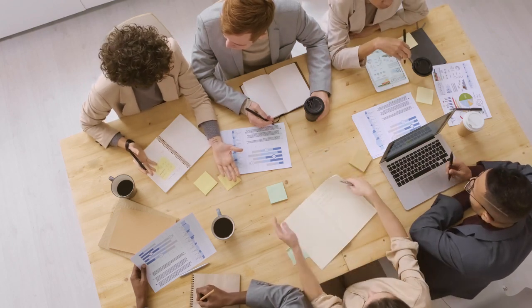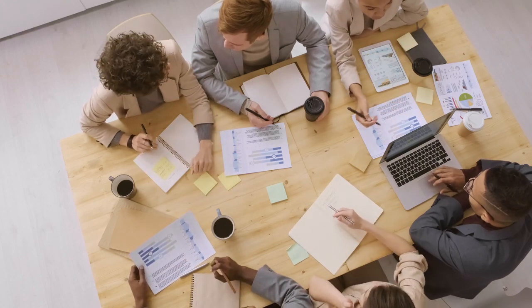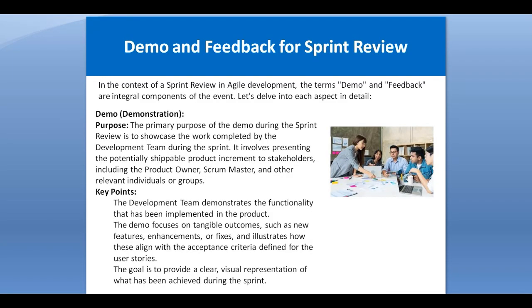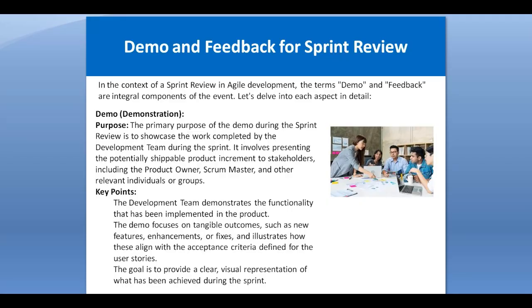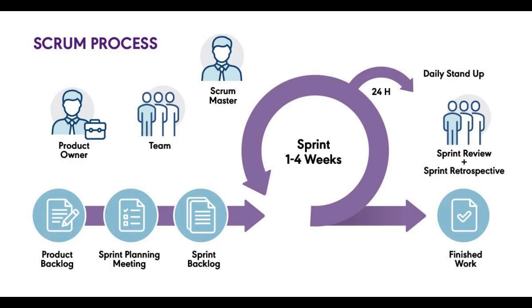Friend, a sprint review is basically an event in the Scrum framework. Scrum is an agile-based approach in which we divide the work into multiple chunks, and with each chunk we deliver the work to the customer. A sprint is a 3 to 4 week time period in which the Scrum development team plans, develops, tests, and deploys things. A sprint review is basically a session or meeting in which, once the sprint ends, the team demonstrates the work which has been completed to the stakeholders and gets their feedback.